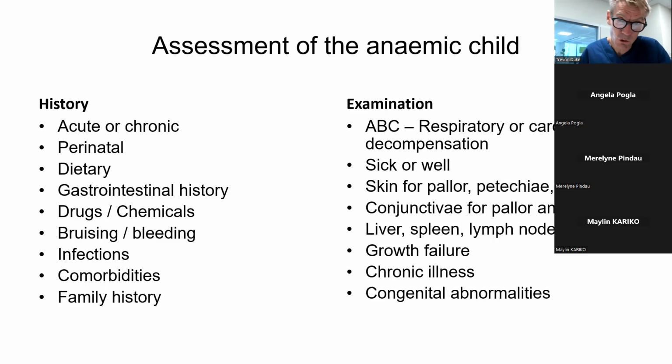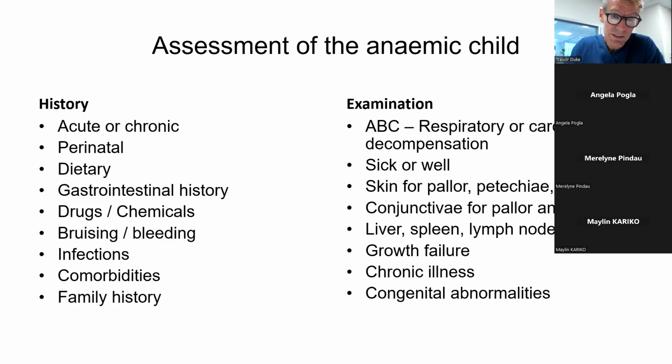Decide whether the child's sick or well, which again relates to some extent what the underlying cause of the child's anemia is, and also relates to whether it's acute or whether it's chronic and how well compensated it is. Look at the skin for pallor. In the older boy I showed you before, you could see the palmar pallor that he had, and his tongue was very pale. But also look in the conjunctiva for pallor.